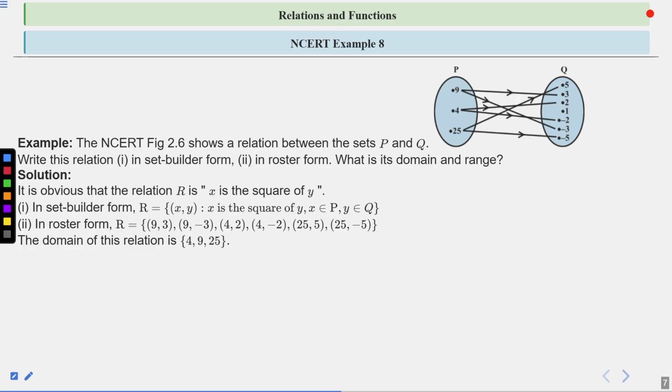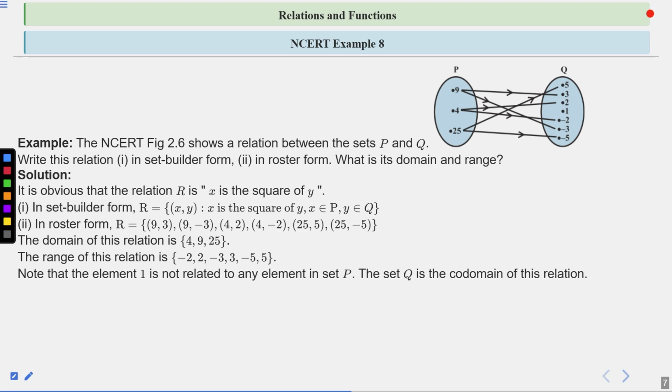Now for the domain, quite simple. Just collect all the elements which are associated here. As you can see, 9 is associated with some element, 4 is associated with some element, and 25 is also associated with some element. So 4, 9, 25. The collection of all these 3 elements will be your domain set. Note that 1 is not related to any element in the set P. The set Q is the codomain of the relation.